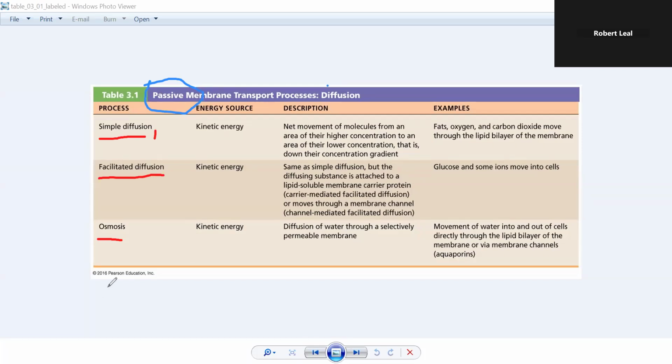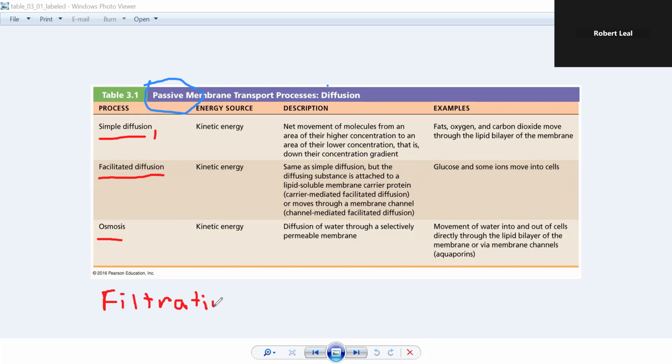One other type of passive transport is called filtration. You've probably heard of forming a filtrate before. The literal definition of filtration is the formation of a solution from high to low pressure.